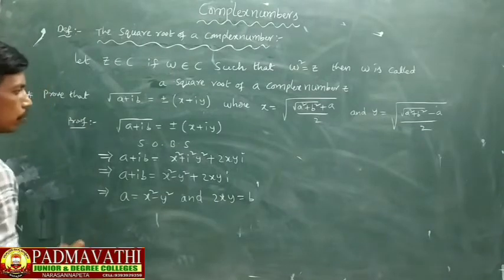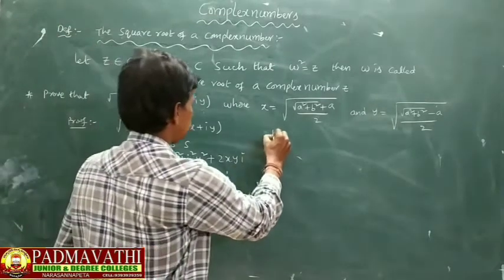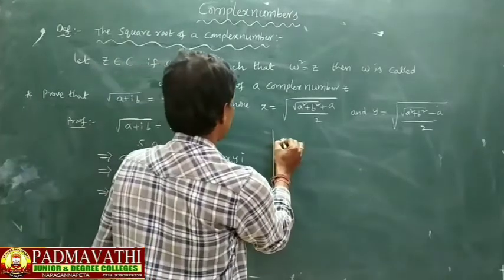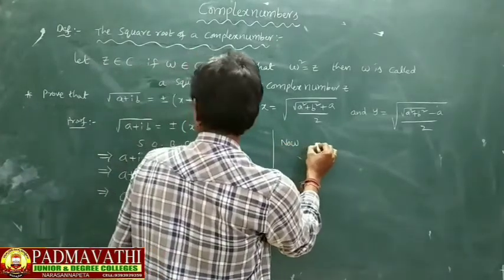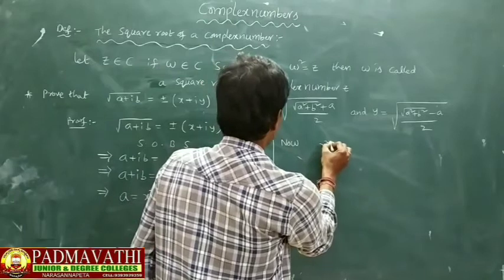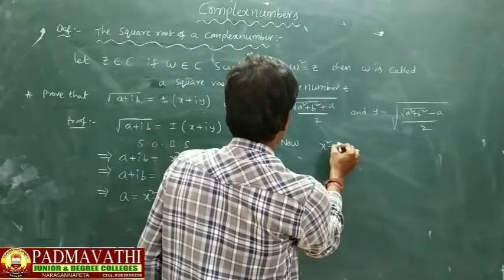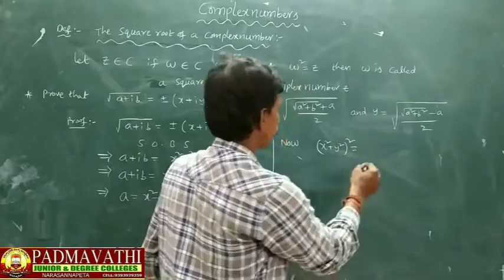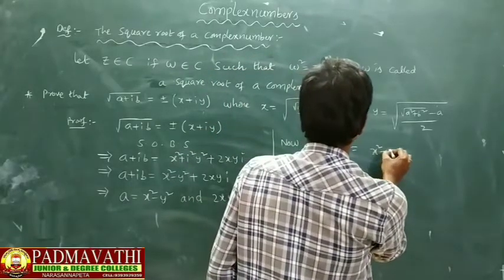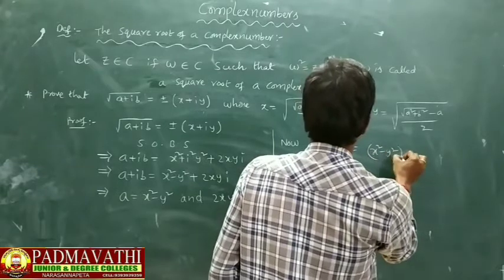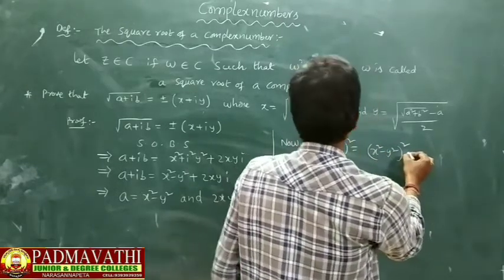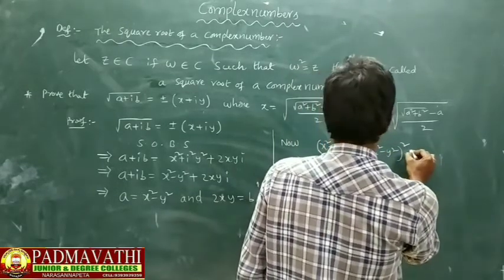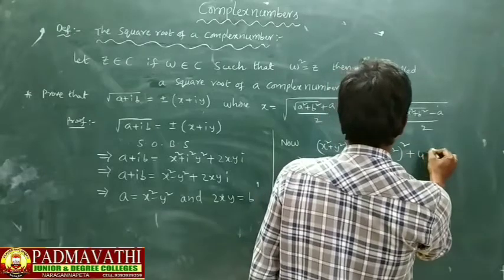Now (x square plus y square) whole square equals (x square minus y square) whole square plus 4x square y square.